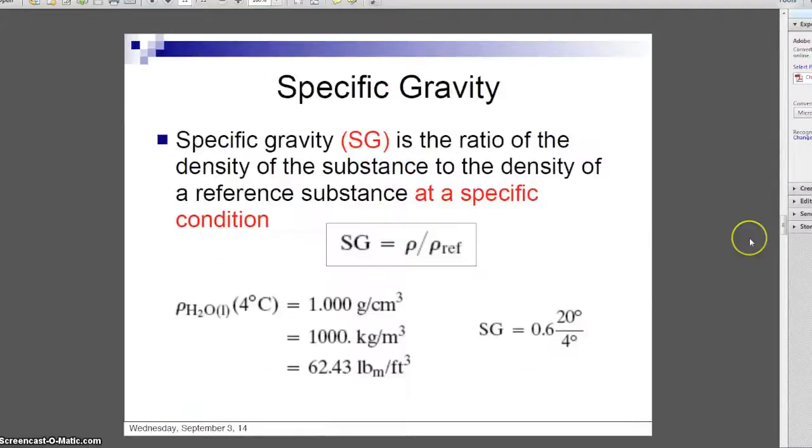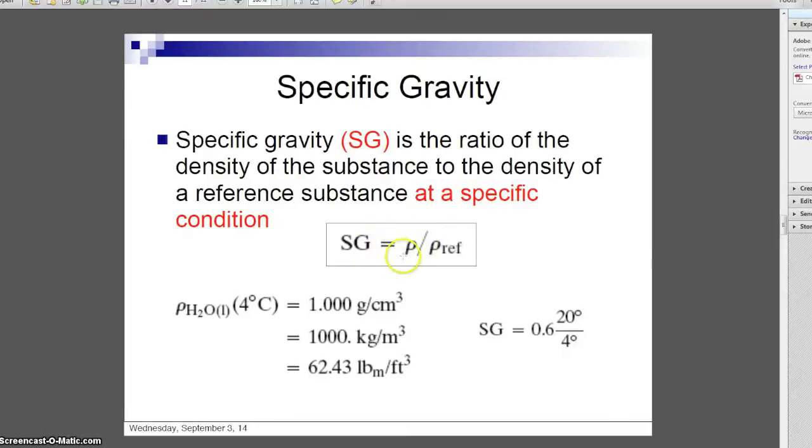The next is specific gravity. Here it says specific gravity, or SG, is the ratio of the density of the substance to the density of a reference substance at a specific condition. So it says ratio, so we can get back to the dimensionless quantity.